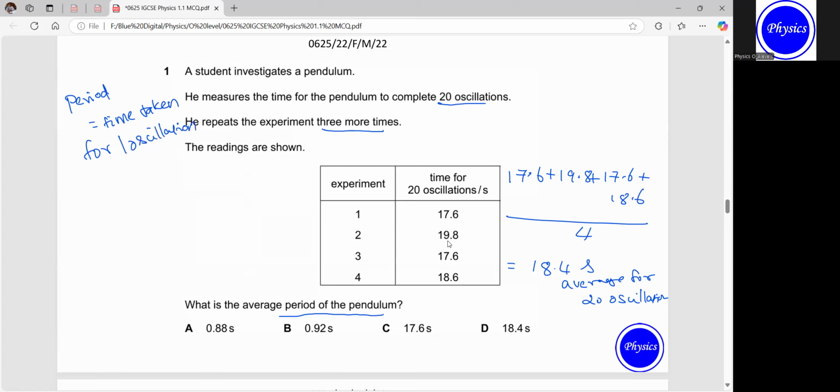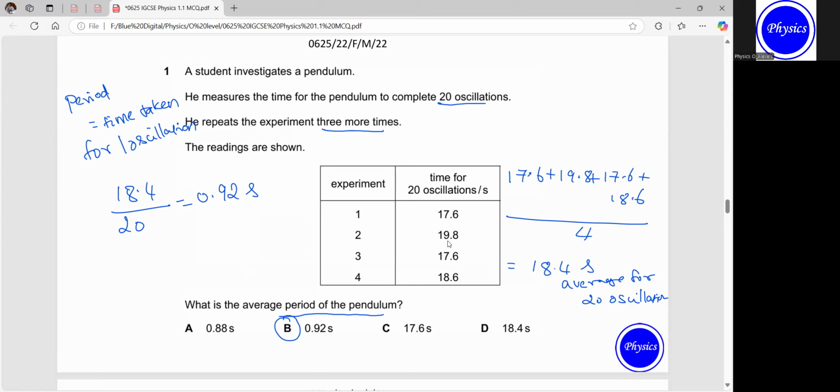The student has found the time for 20 complete oscillations, and I want the time taken for one oscillation. So I have already found the average: 18.4 divided by 20 will give you the average time for one oscillation, which will be 0.92 seconds. So it's B.